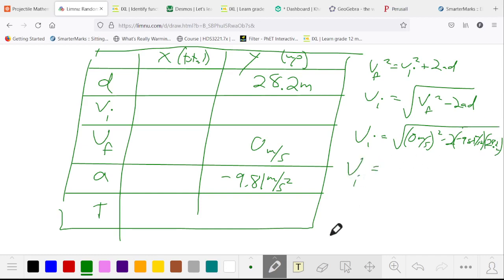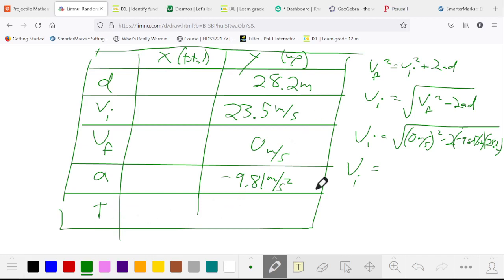Anyway, 2 times 28.2 times 9.81, and we want to take the square root of the answer. That gives us an initial velocity in the y direction of 23.5 meters per second with some extra digits.